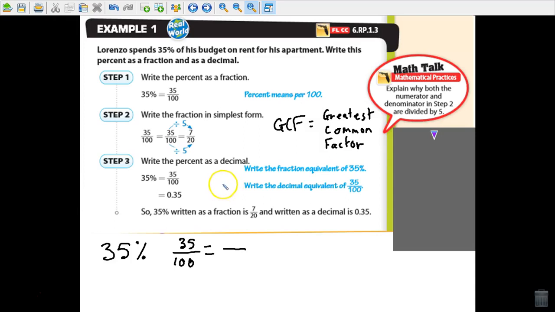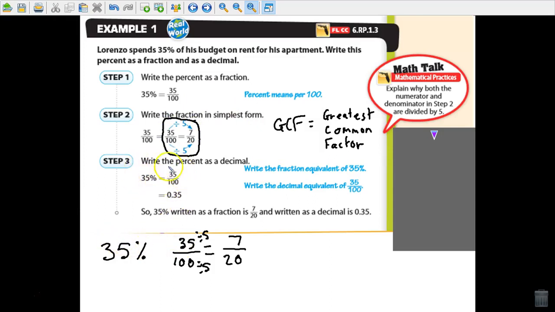So 35 does not go into 100. 7 does not go into 100 evenly. 5 does. So I will divide them both by 5. When I do that, 35 divided by 5 is 7, and 100 divided by 5 is 20. They showed me it right here, but I figured I'd go all the way through it so everybody understands.